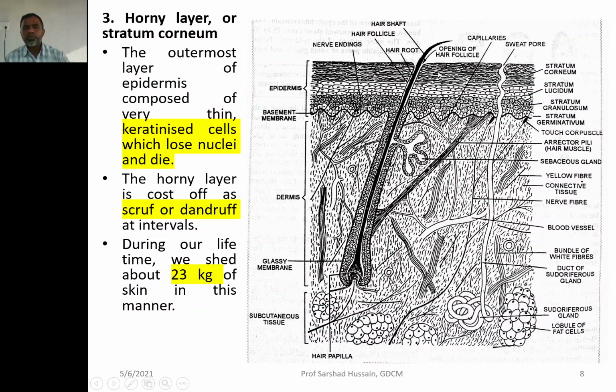Because these cells are almost dead cells, with the cytoplasm filled by keratin protein, they are non-functional, and the outermost layer of the skin is always a dead layer. This outermost layer is often cast off from your body in the form of scurf or dandruff. You might have observed it particularly on your head, and in the rest of the body also.